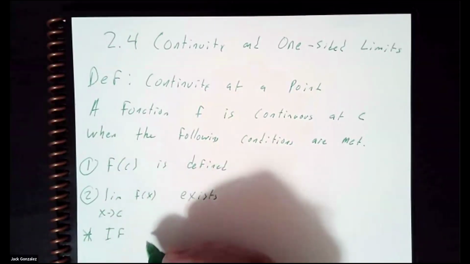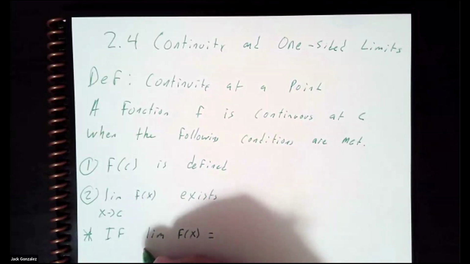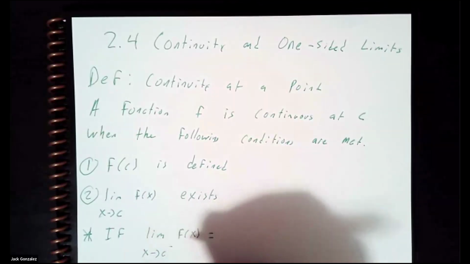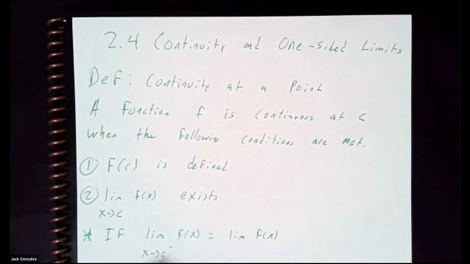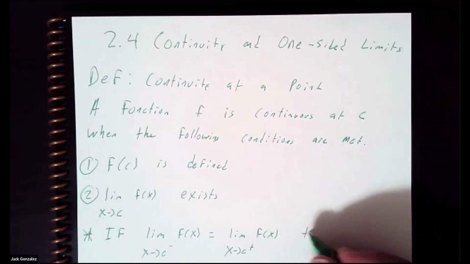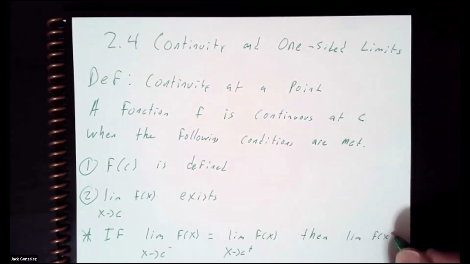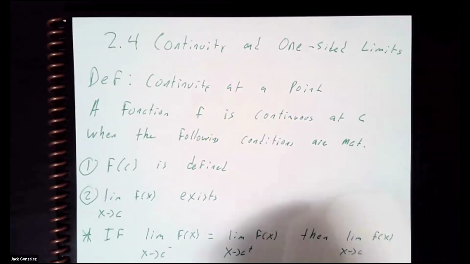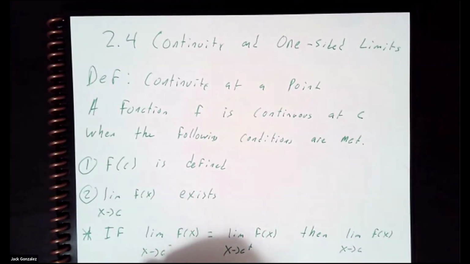So if the limit of f of x from the left is equal to the limit of f of x from the right, then the limit of f of x as x approaches C exists. That's what we mean by number two.